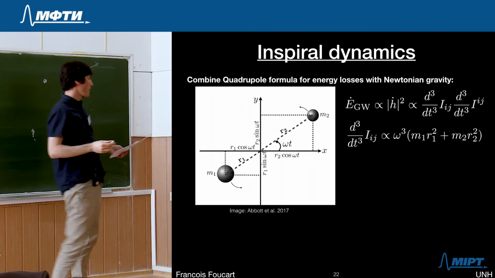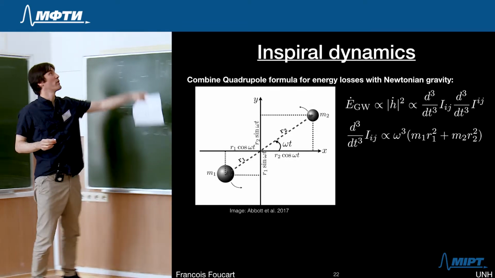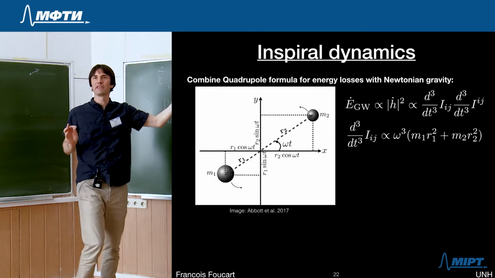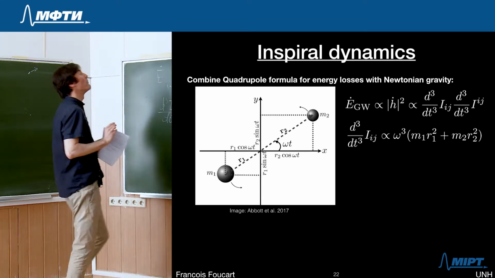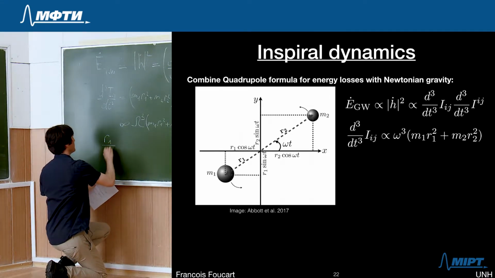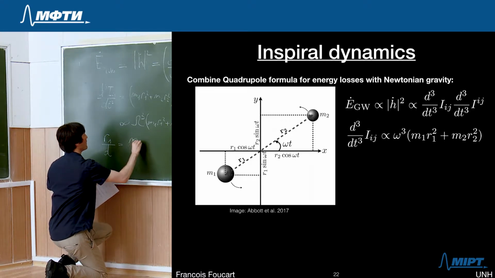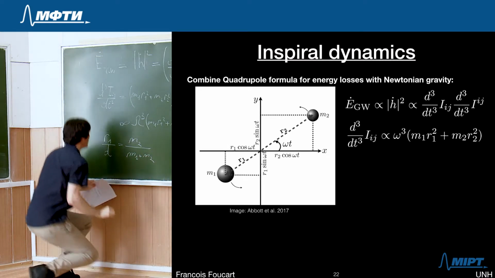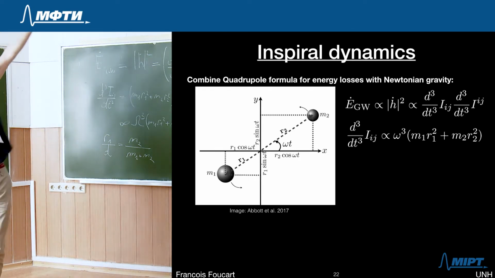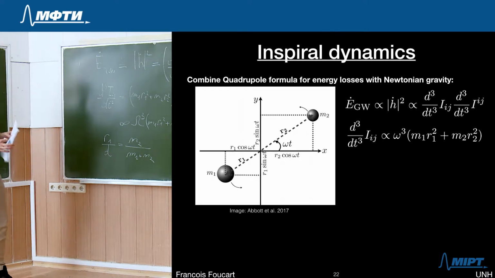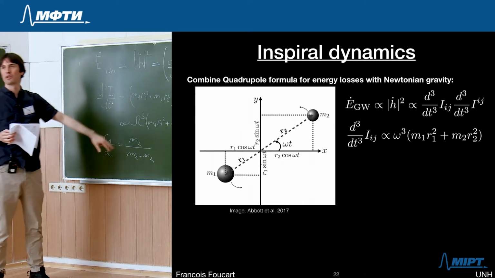Now, I actually know from Newtonian theory, and here I'm only doing deviation from Newtonian theory, so I'm assuming Newton is correct for everything but gravitational waves. I know from Newtonian theory that the ratio of the distance from object 1 to the center of mass divided by the separation between the two objects, which I'll call d here, is the ratio of mass 2 to the total mass of the system.